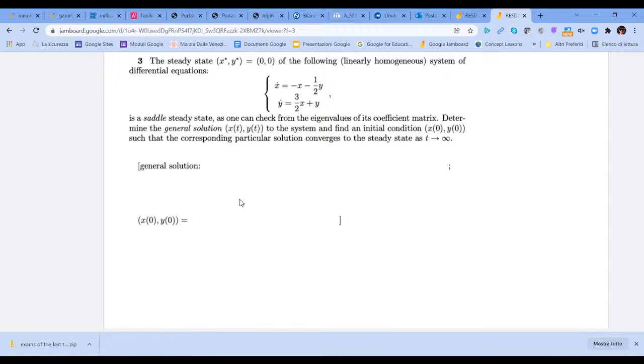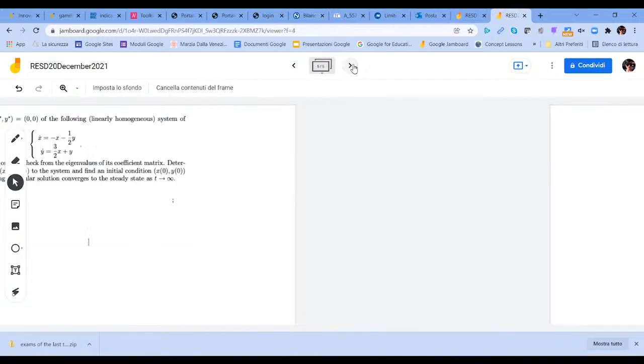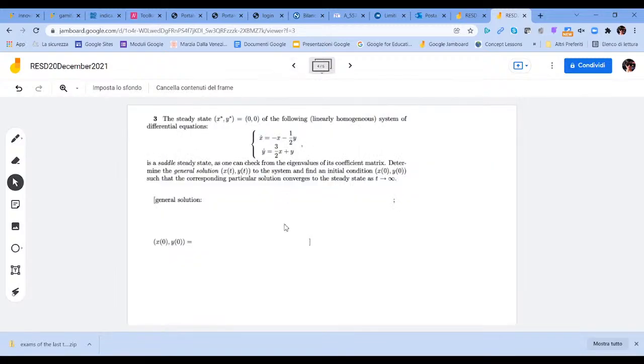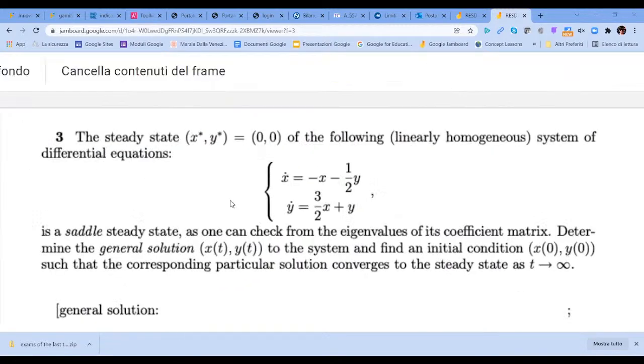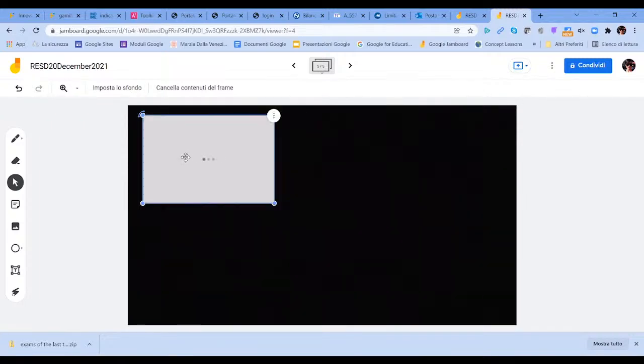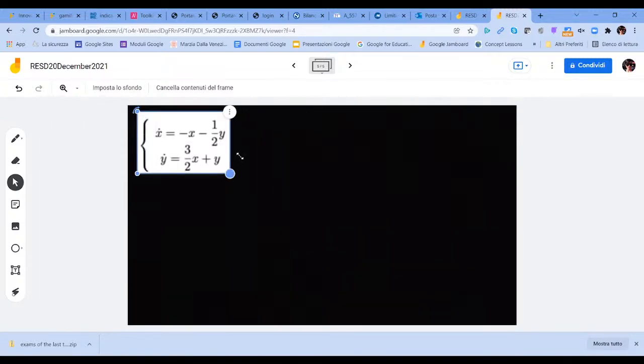I can check if we can compute the eigenvalues of this system, this one. Okay. So this is the system. This is a homogeneous system.